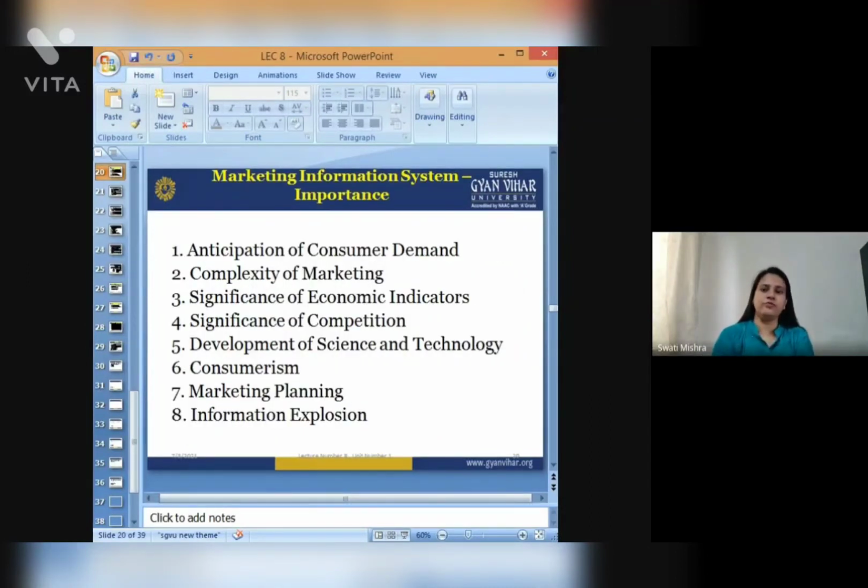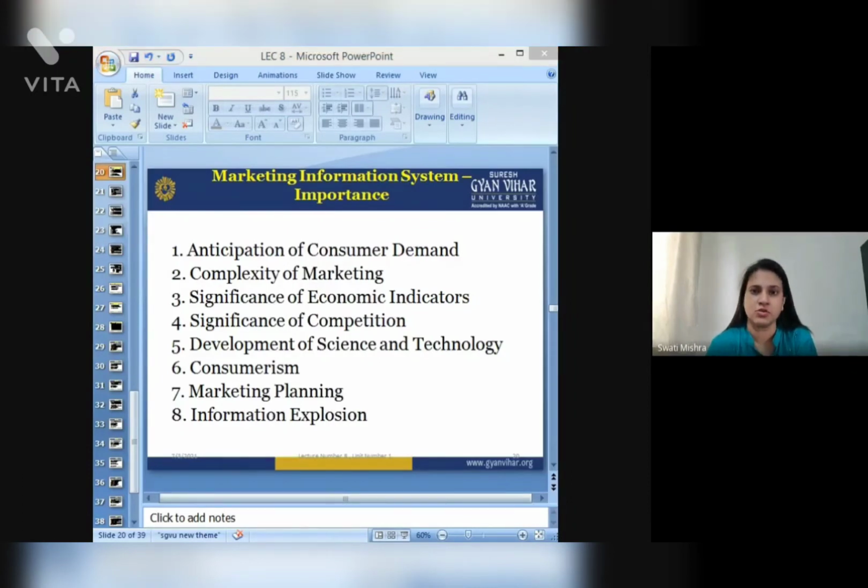So now, if we move ahead, let's briefly talk about the importance of marketing information systems also. I have jotted down a few here. The first one is the anticipation of consumer demand.